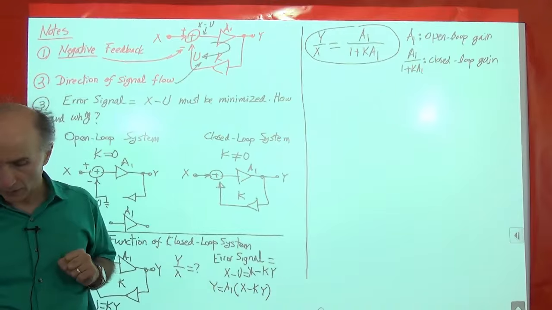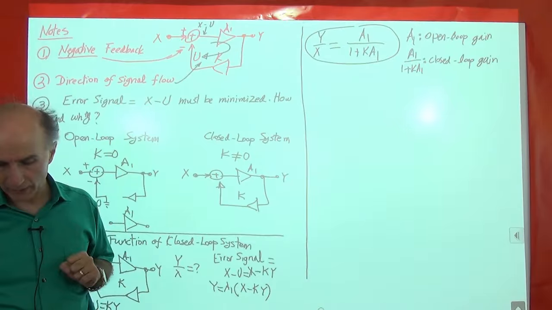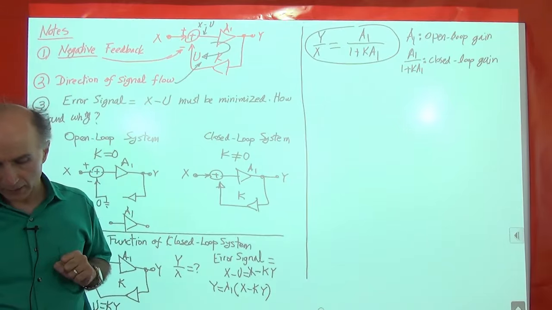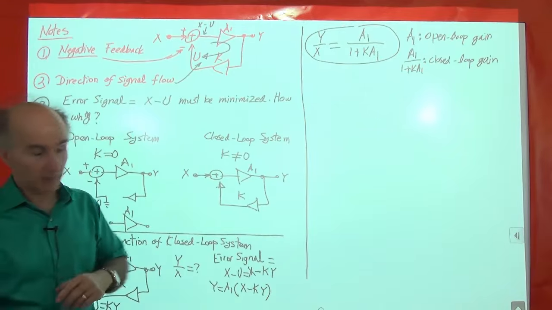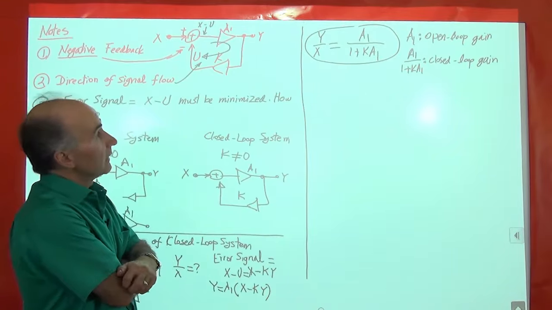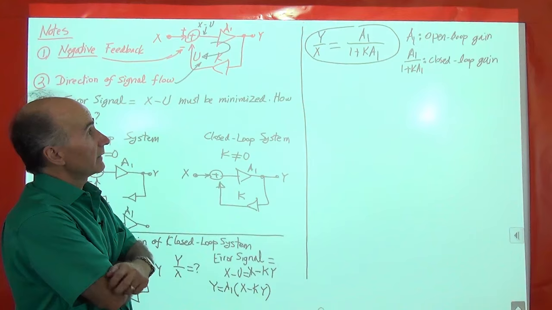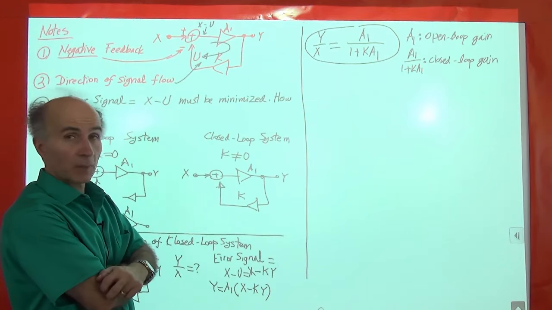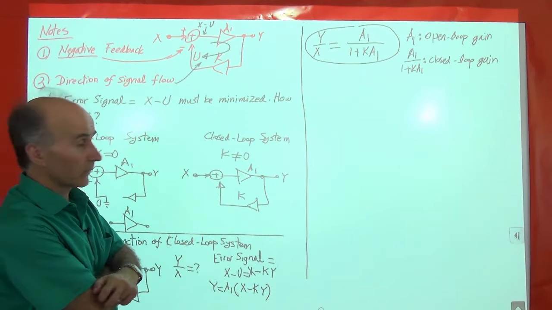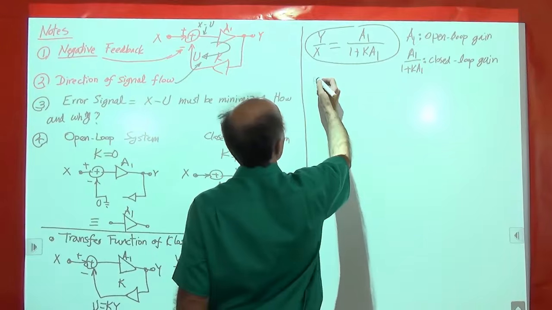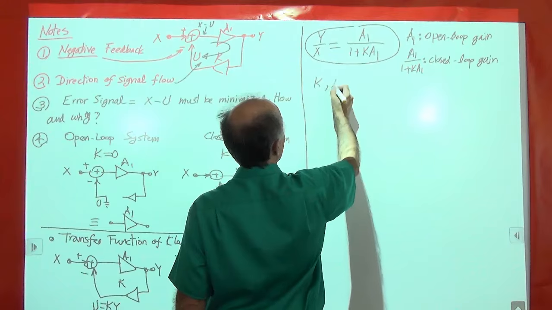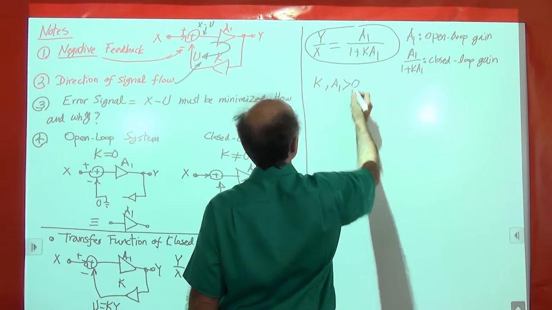Okay, all right, so now that we have these, one thing we can observe is this, that we assume that K and A1 themselves are positive. Okay, so K and A1 are positive.